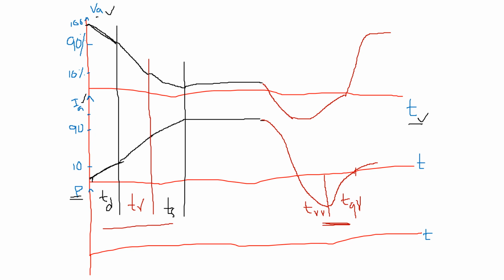Now coming to the concept of power, during which duration are the power losses maximum across the SCR? Power is the product of voltage and current. During delay time, voltage is maximum but current is minimum, so we get a small amount of power loss.